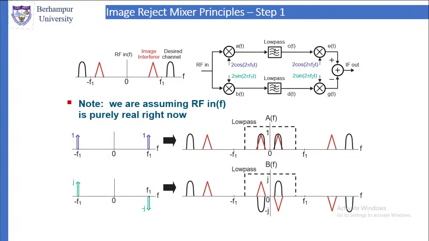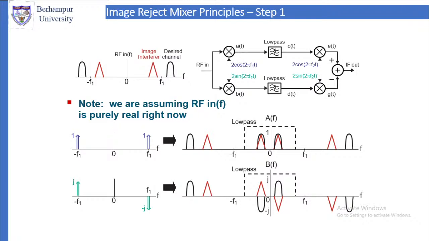Similarly, look at the bottom row. In the bottom row, because of sine, we will get minus j at plus f1, and plus j at minus f1. So if you multiply that with the RF input, multiplication is basically convolution in the frequency domain.